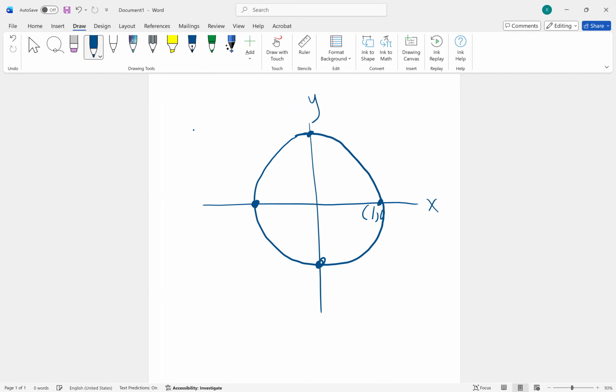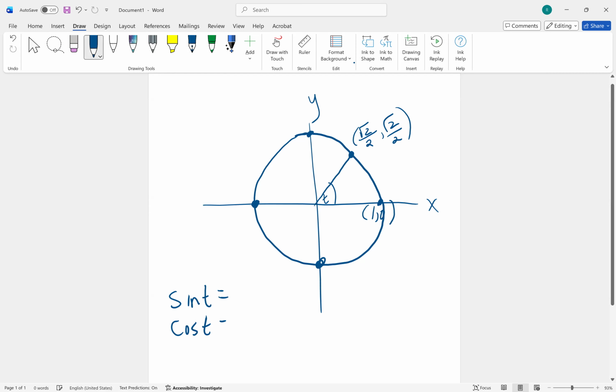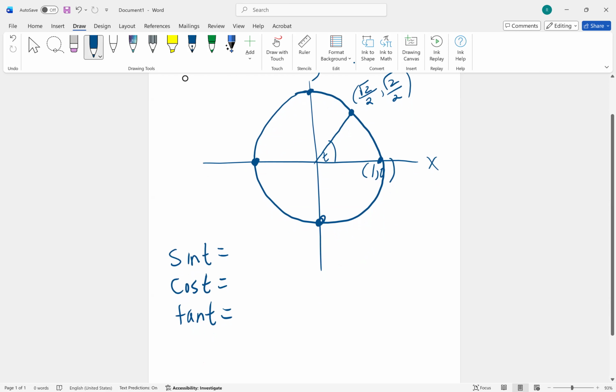So here's the point 1, 0. And let's say we form an angle t, and it's going to intersect the circle at the point radical 2 over 2, comma, radical 2 over 2. So let's find the sine of t, the cosine of t, and the tangent of t.